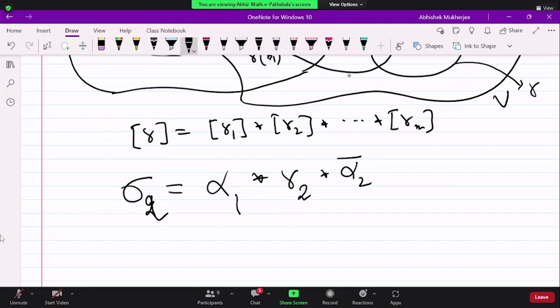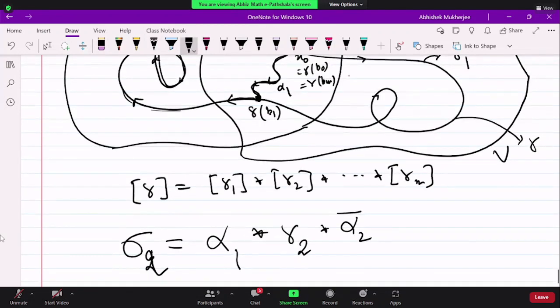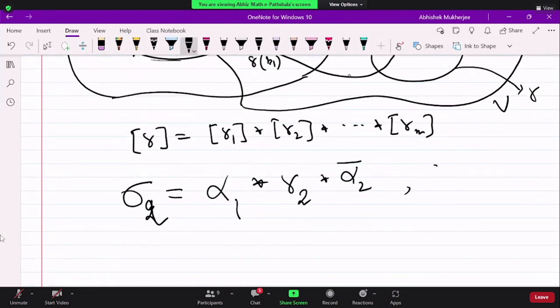So your sigma 1 will be alpha naught star gamma 1 star alpha 1 bar.